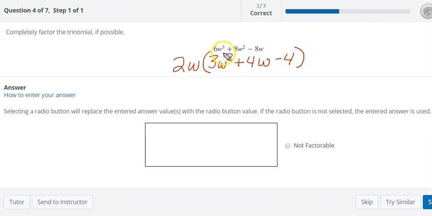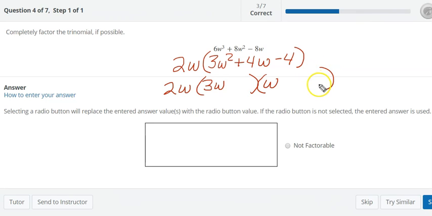And again, you can distribute to be sure you've done that correctly. So 2w, 2 sets of parentheses, and you know here that this has to be 3w, and w. 3 is prime.